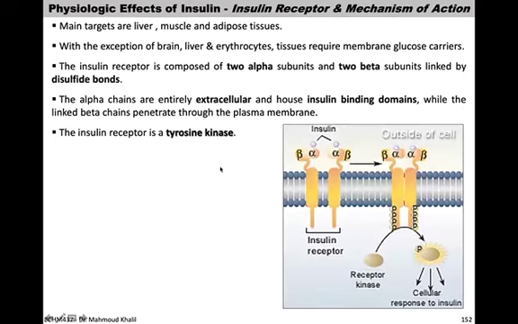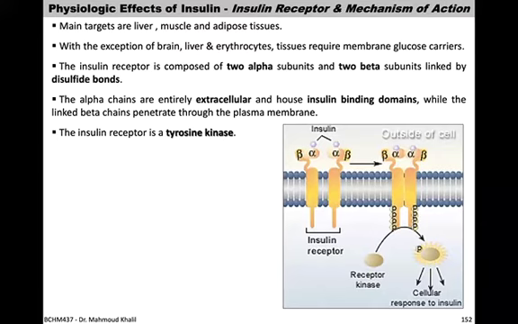So what about the mechanism of action? The effect, receptors, and the mechanism of action. As we said, the main targets of insulin are the liver, the muscle, and the adipose tissue. With the exception of brain, liver, and erythrocytes, tissues require membrane glucose carriers.